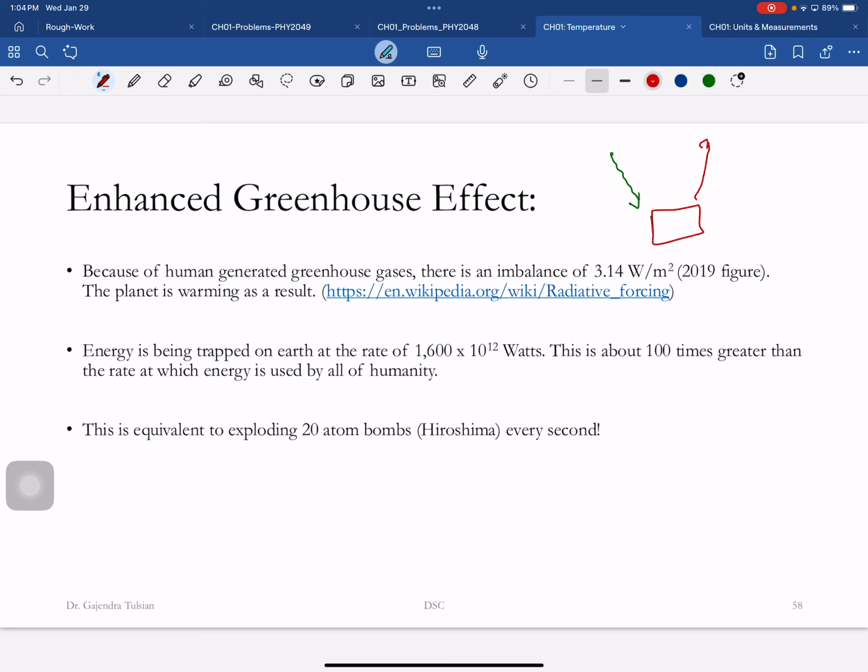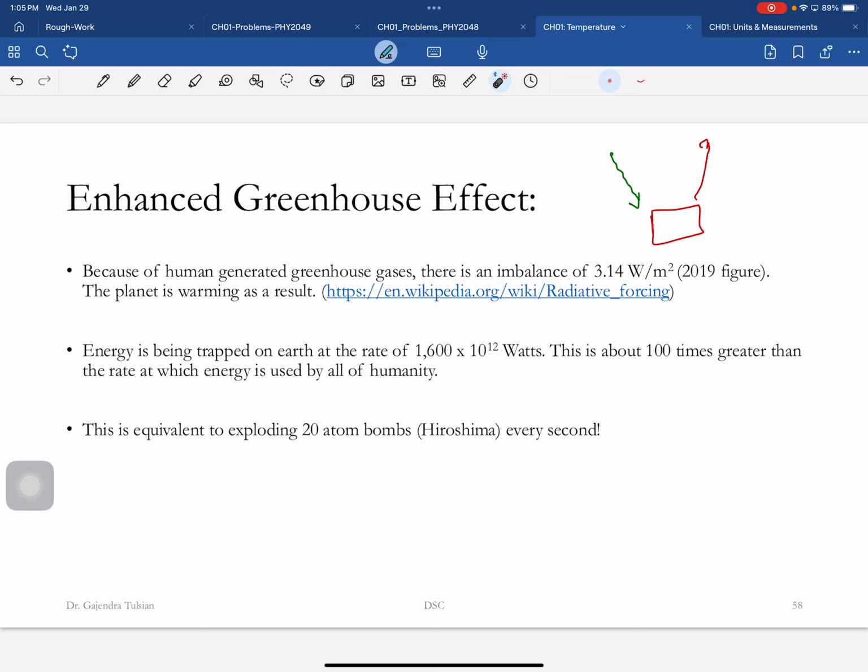If these two are equal, then you have no problem. When this is less than that, you have a problem. How much less is it? It's 3.14 watts per meter squared. For every square meter of Earth, you're radiating 3.14 watts less.